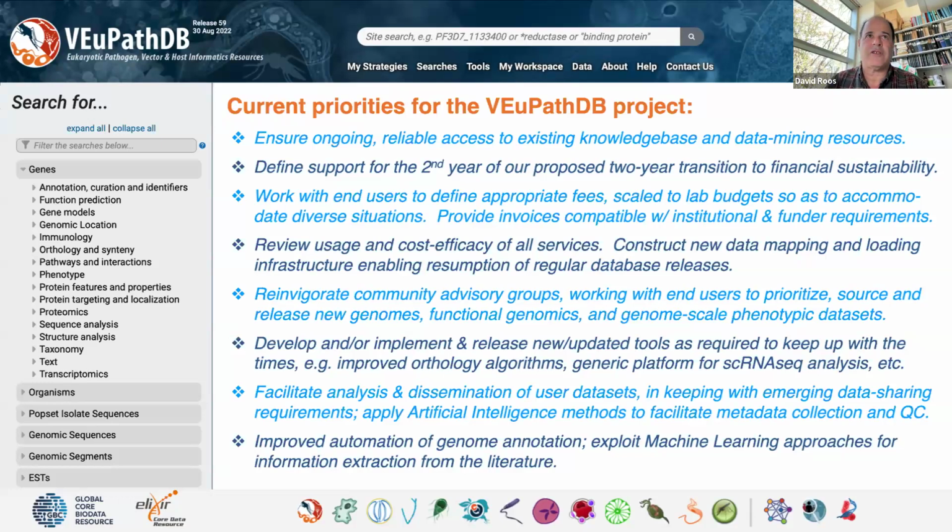Let me also mention that, in addition to discussing this with program officers and citing resources in your papers and in grants, under the About tab, you can grab a logo for VEuPathDB or the individual logos from individual databases to put in your acknowledgement slide.